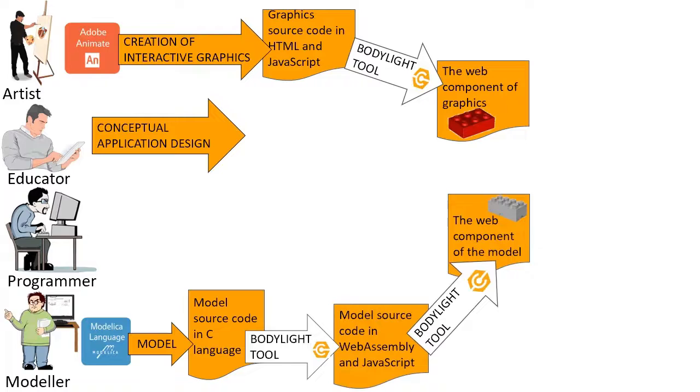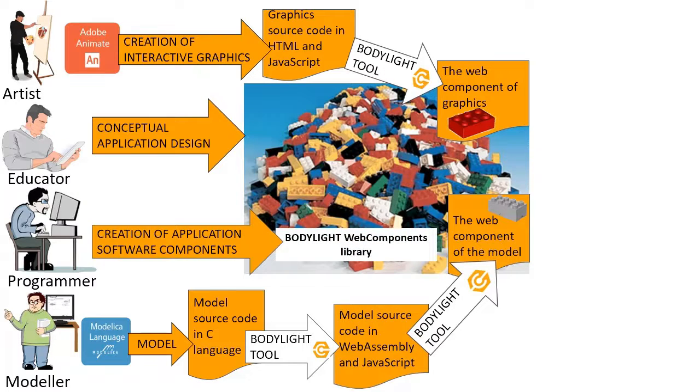Using our BodyLight tools, we recompile the model's source code into WebAssembly and JavaScript, and then into the model web component. The programmer creates a library of interconnective web components as tools for developing applications.